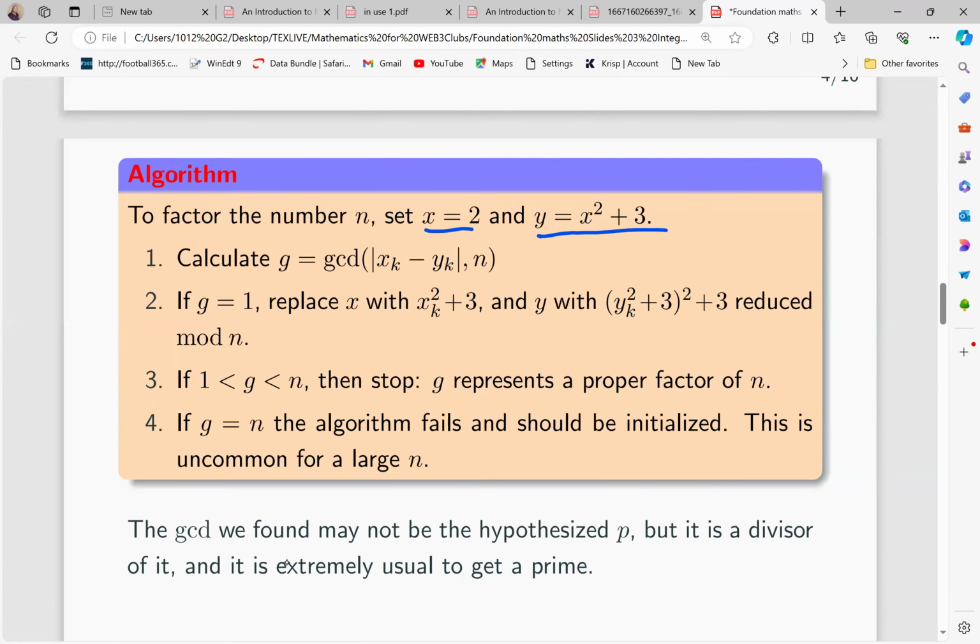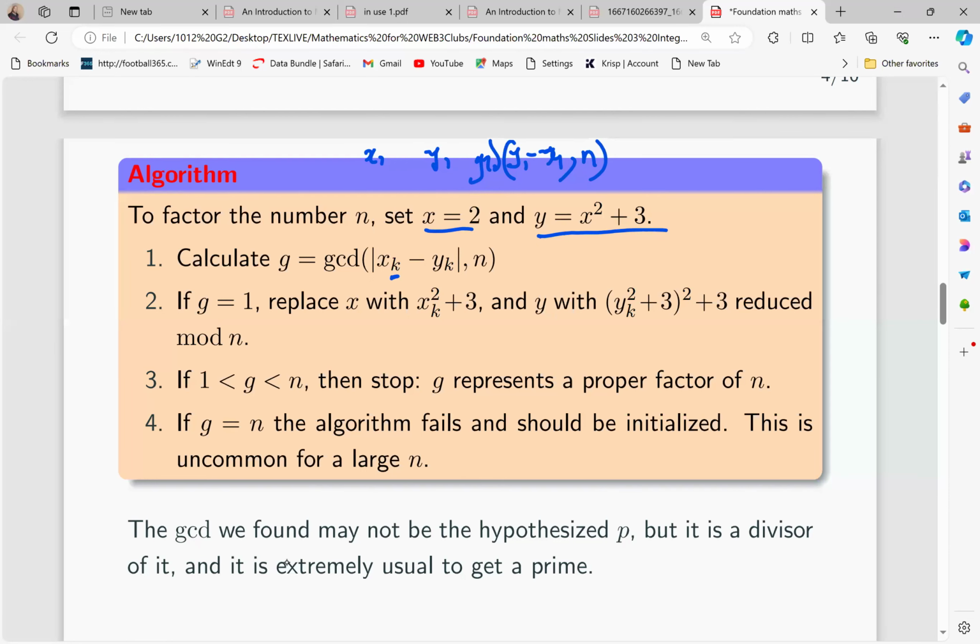You then get x1, and I've used k, because when you're writing a program you summarize. Once you find x1 and get y1, you subtract y1 minus x1 and find that GCD combined with n.